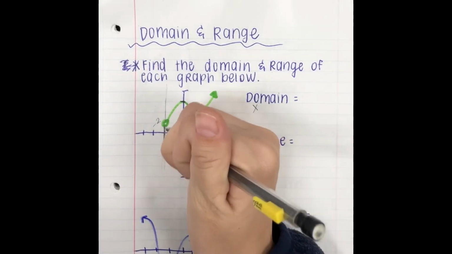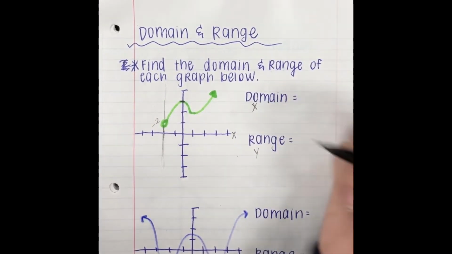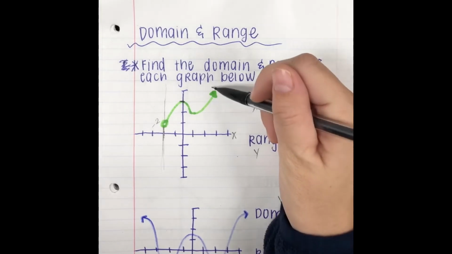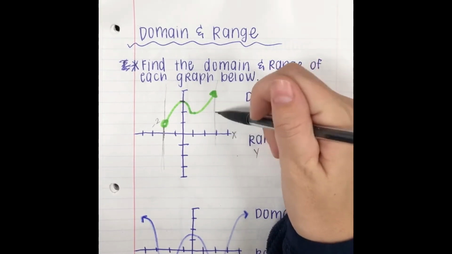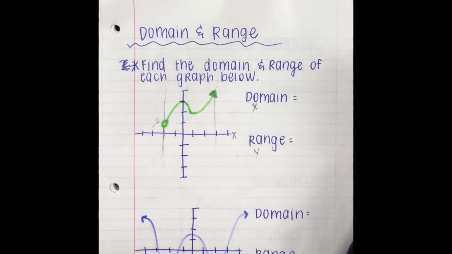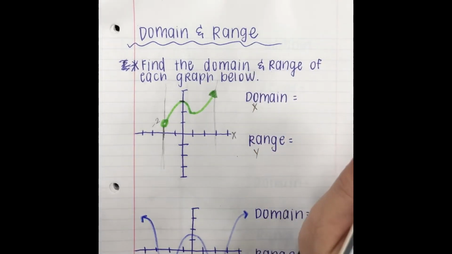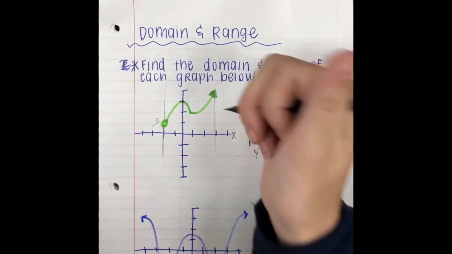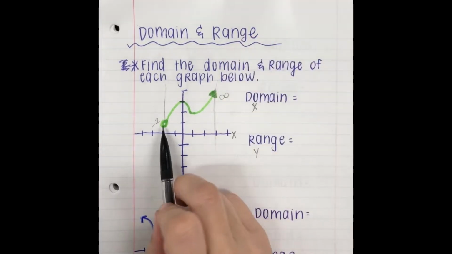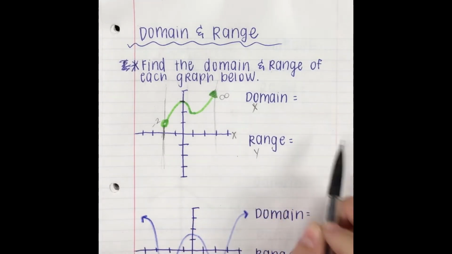Okay, we care about where it's on our x-axis because we're doing domain, which is x. And then the furthest to the right would be right here, 3, but at 3 we have an arrow. If you'll remember from last week, arrows mean that you don't actually stop. Your graph is not stopping, it's continuing on, same kind of pattern, it's going up forever. So that means we're going from -2 on my x-axis all the way to infinity, okay?